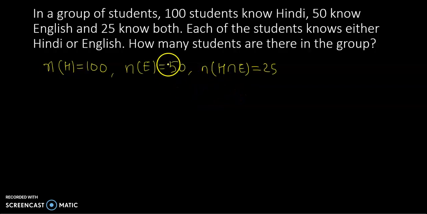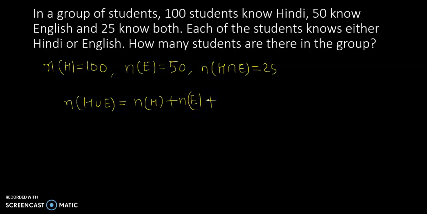Each of the students knows either English or Hindi. So how many students are there in the group? Fundamentally, I simply need to find out how many students are in the group which either speak English or speak Hindi. We've done similar kinds of questions before, so I'm moving a little quick.